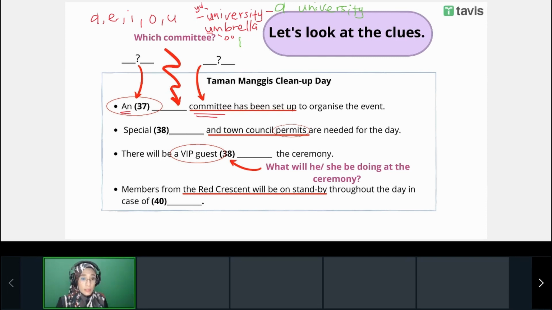And an umbrella. Anyway, coming back to this, this one says "an". So we have to identify any word that begins with a vowel or the sound of a vowel.